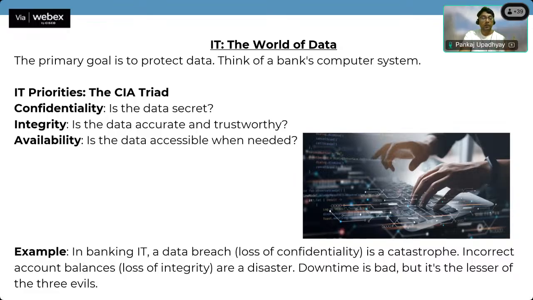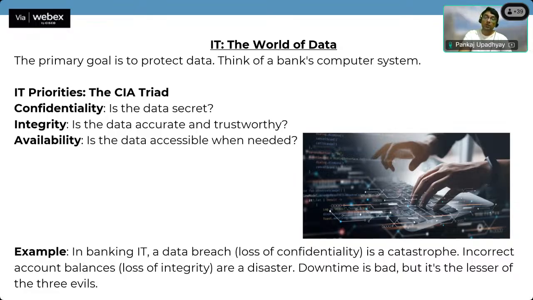Suppose in a banking website we have a service like internet banking, and that website is not available. It impacts the banking process and the business, as the service is not available for the user when they need it. That's why availability comes in.